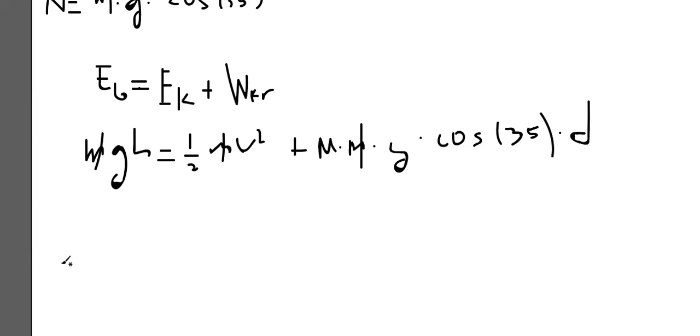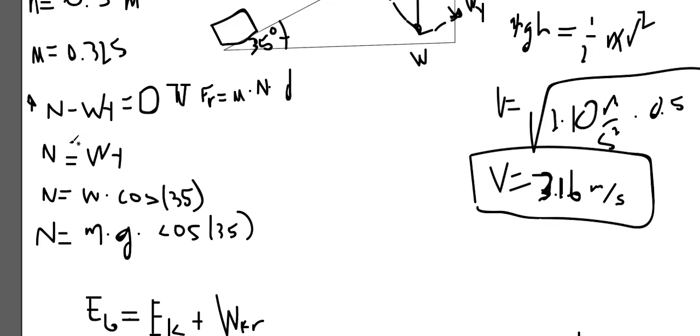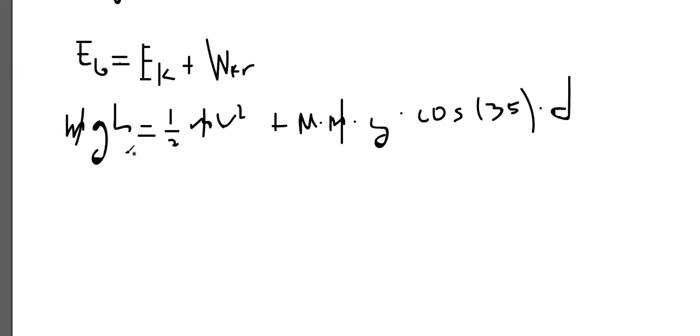So let's just replace: g times h would be 10 times 0.5, and then we subtract from that mu, which is 0.325, times gravity, which is 10, times the cosine of 35, times the distance, which is 1.03, we can see here. We subtract that, and it equals 2.25.